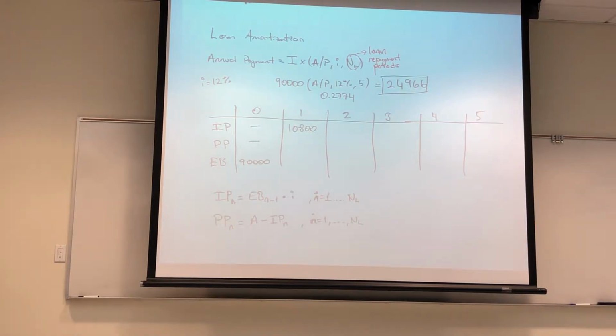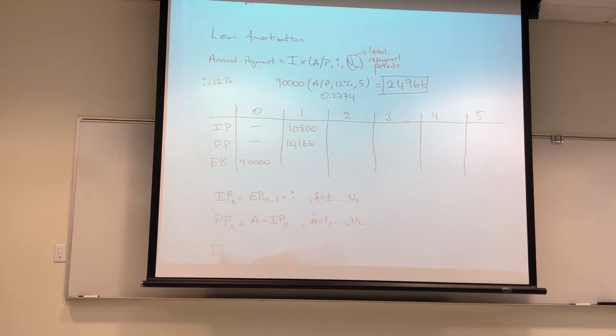This is why we need to find out the A. So now we have the A, now we have the interest paid, and this is aligned in a cool way, so you can always work your way from top to bottom. So our payment was 24,966, 24,966 minus the interest paid of 10,800 is 14,166. Almost there. Bear with me.